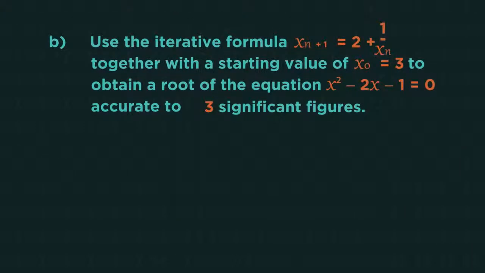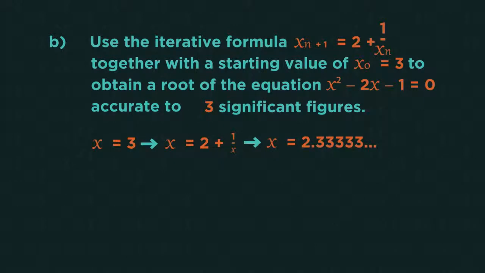So part B, we use this formula and 3 as the starting value. Because the question says to 3 significant figures, we need to keep 4 significant figures each time. So 1 degree of accuracy more than requested. 3 into our iteration formula gives 2.333.